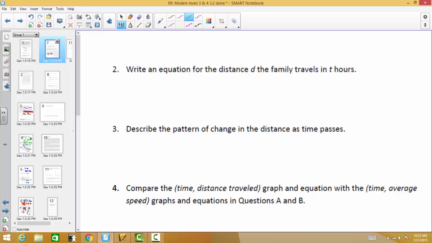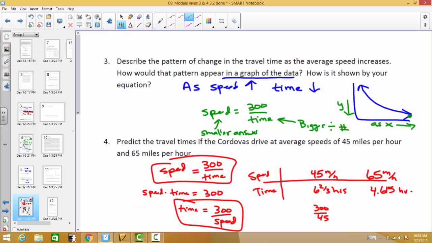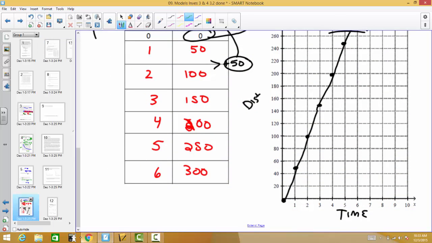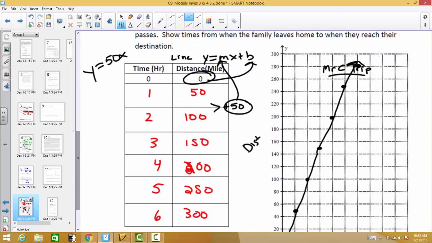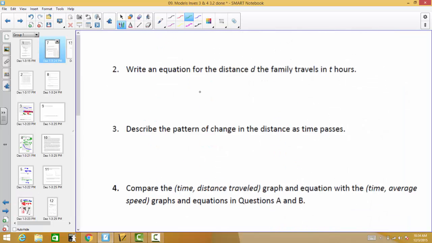So we have our equation. And instead of x's and y's, let's write these with words. So distance equals 50 times hours. Plus 0. You don't need the plus 0.